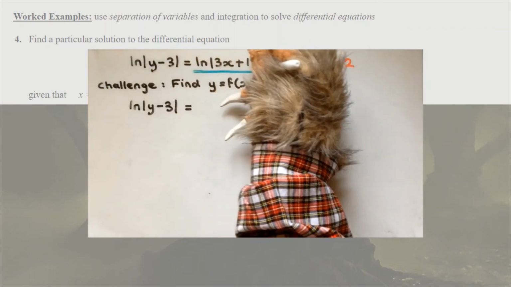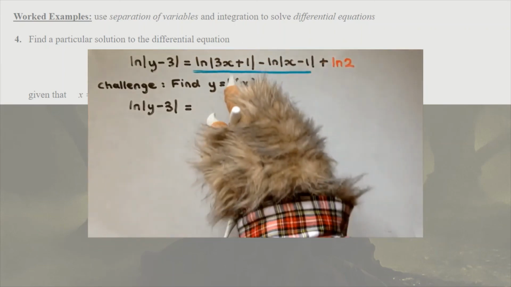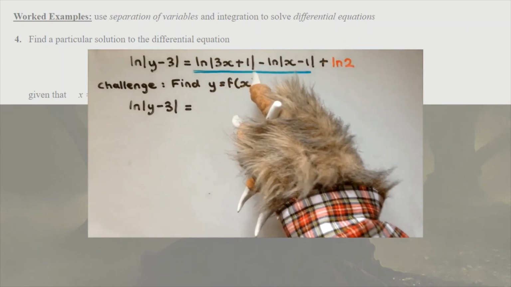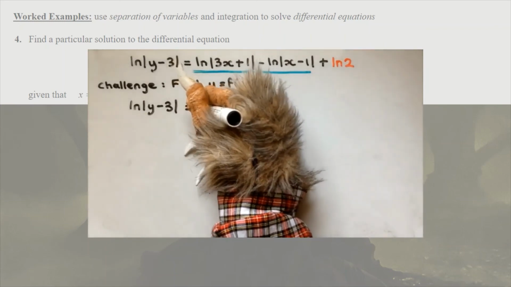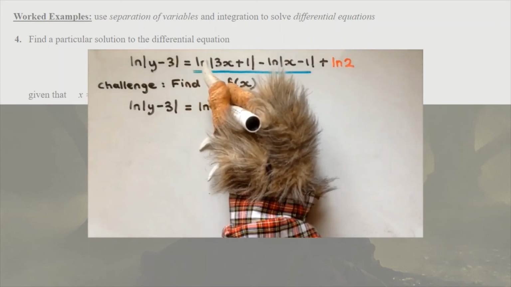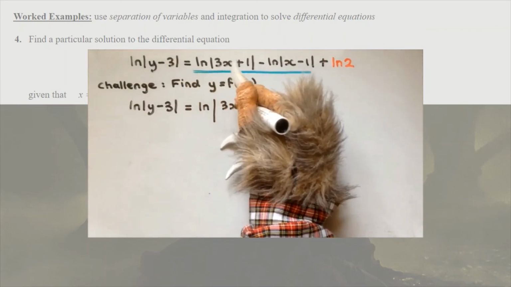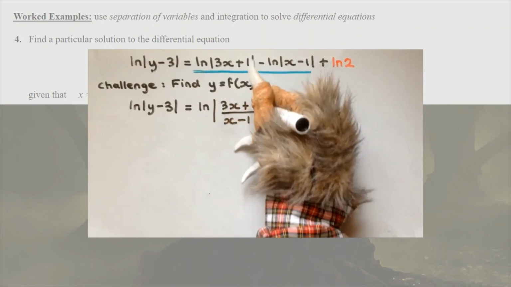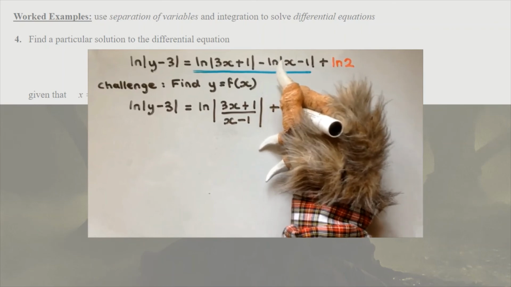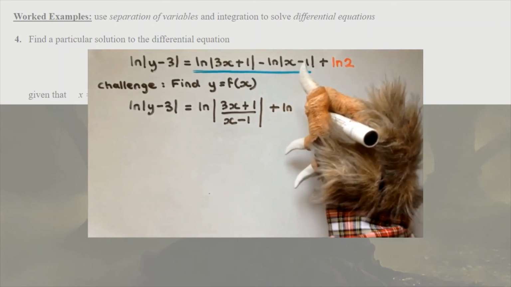So that means I can write 3x add 1 over x subtract 1 all as a single modulus. That's good, so let's do that. So that's going to be the natural log of 3x plus 1 over x subtract 1 plus natural log of 2.